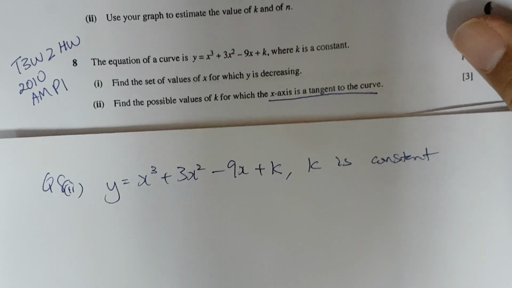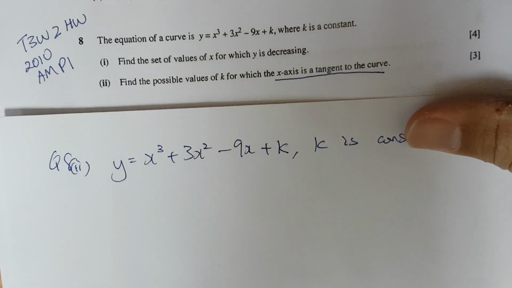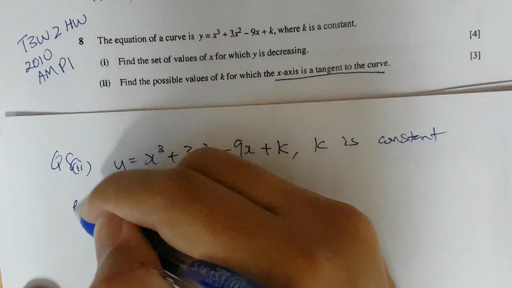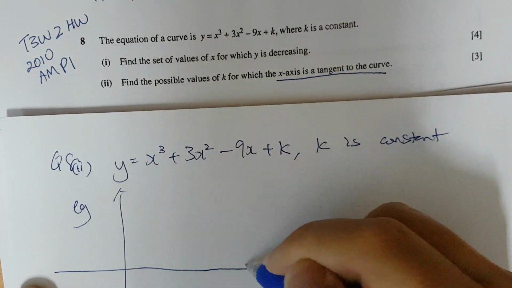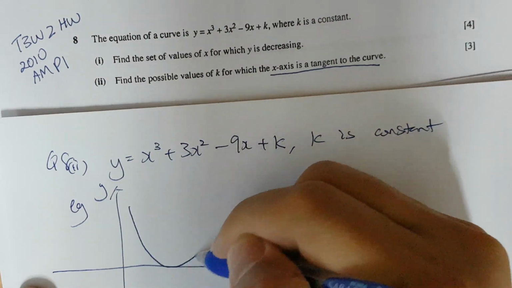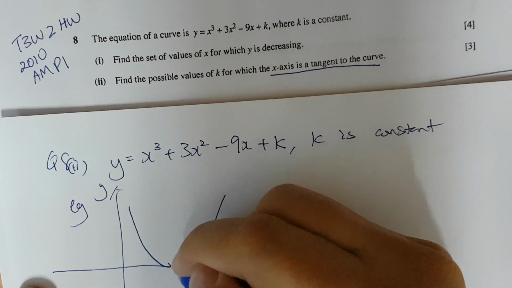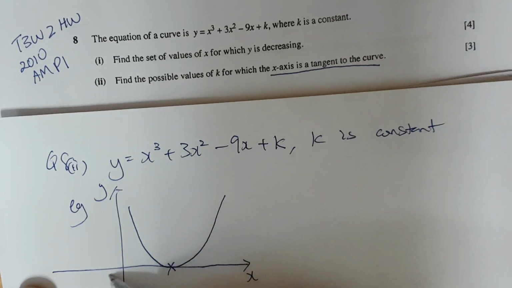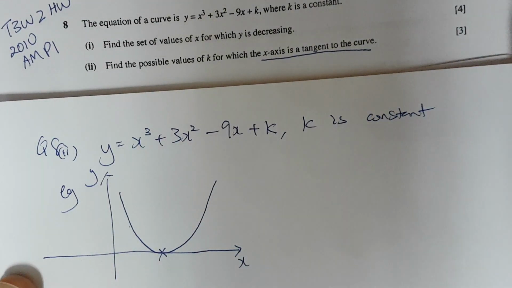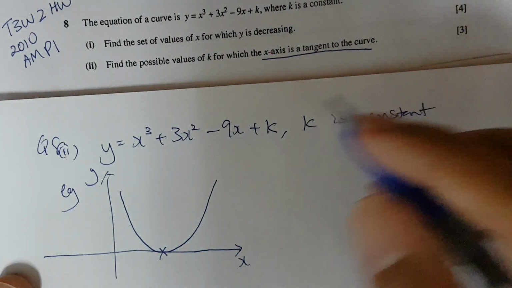To help you visualize what it is, for example, let's say this is the curve. Tangent. You can see that the x-axis is tangent to the curve. So what can we imply from this?